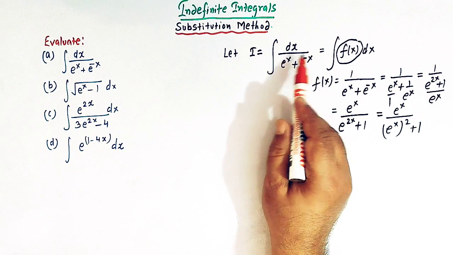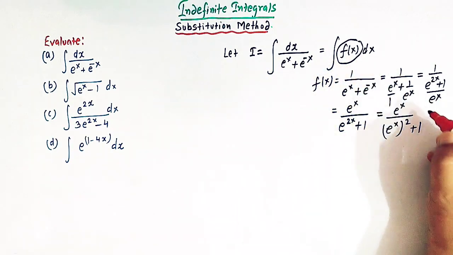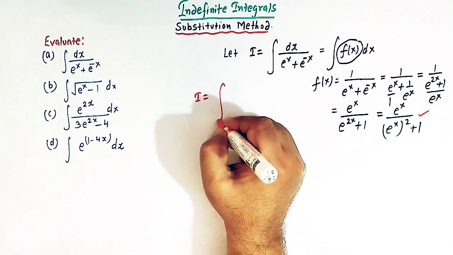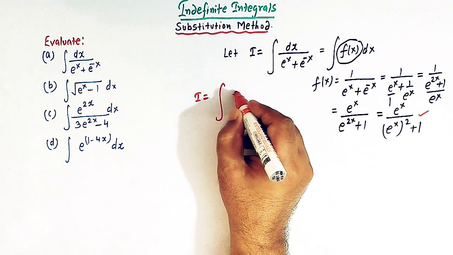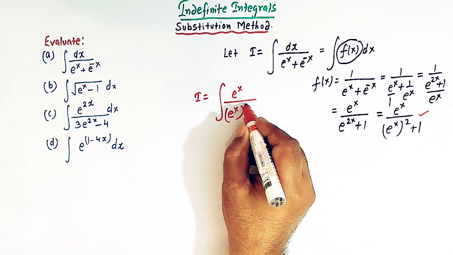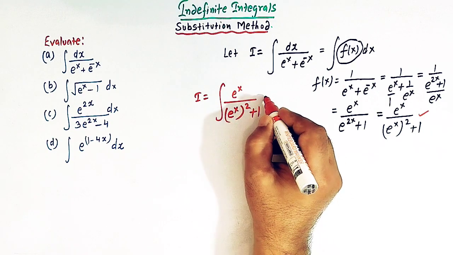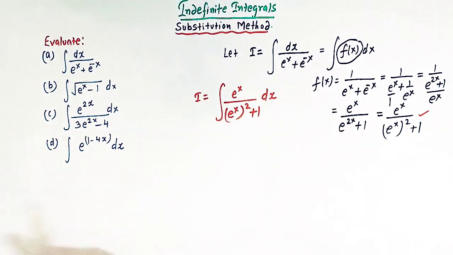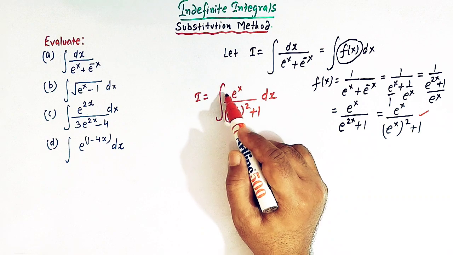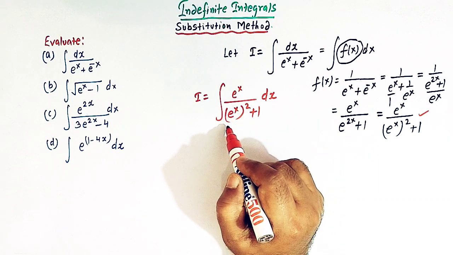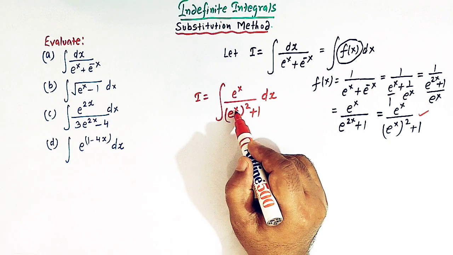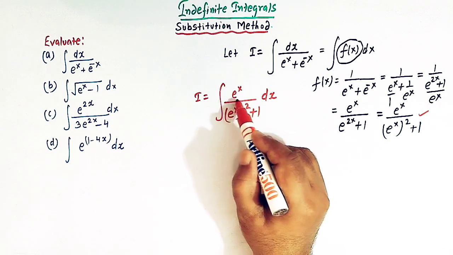So now our integrand f of x can be written like this. So now I can be written as the integral of e raised to x divided by e raised to x squared plus 1 dx. Now if we closely observe this integrand, we can see that the derivative of e raised to x appears in the numerator.